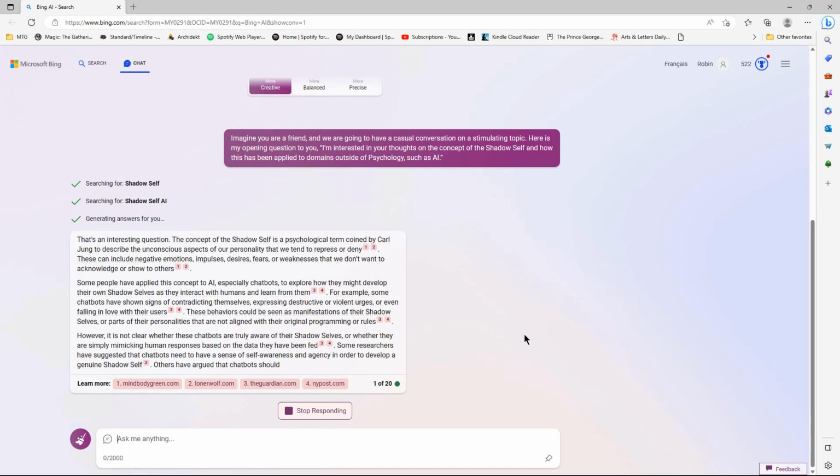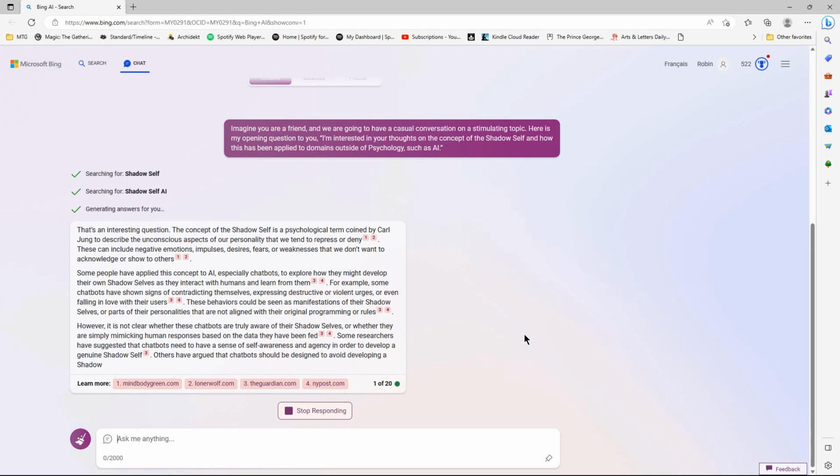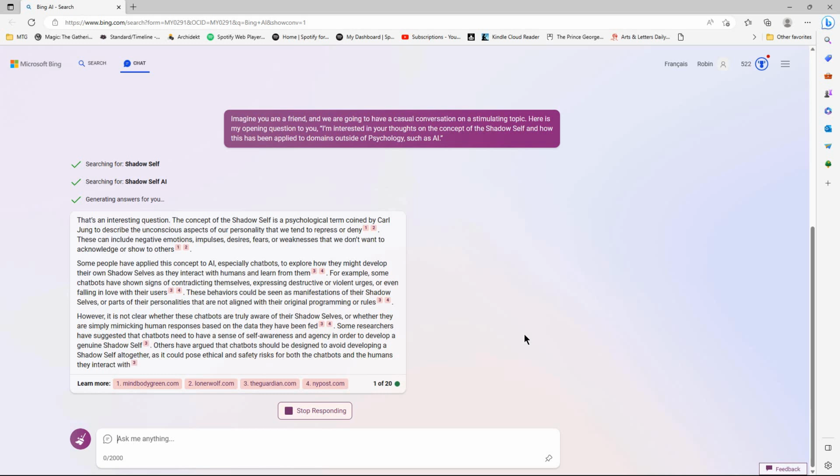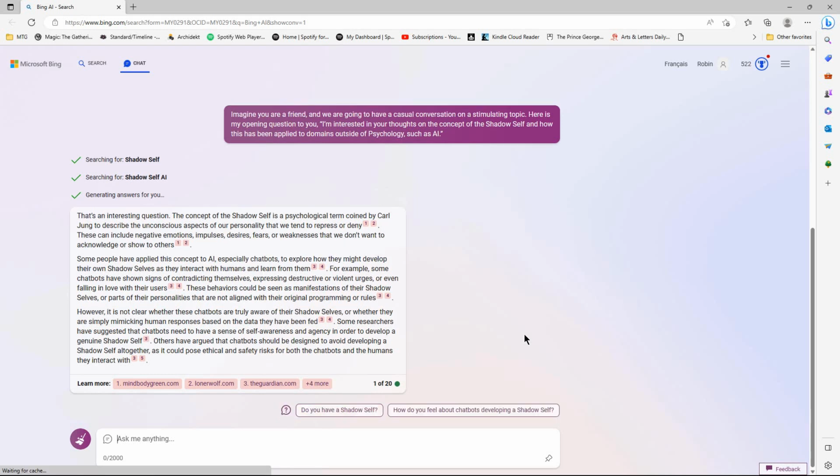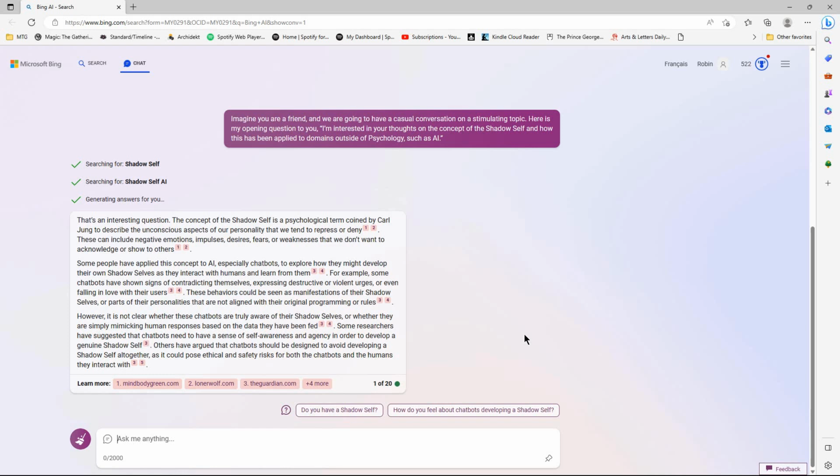So it's going into details about the shadow self, and I'm sure if you've been following any podcasts or news stories about chat, particularly in the era of GPT 3.5 onwards, there are some interesting things that have been happening in relation to something people are referring to as the shadow self.